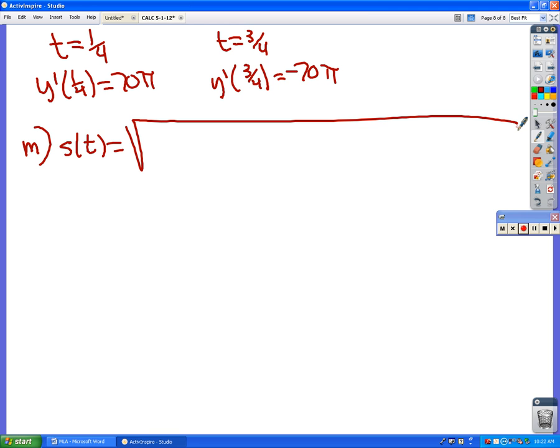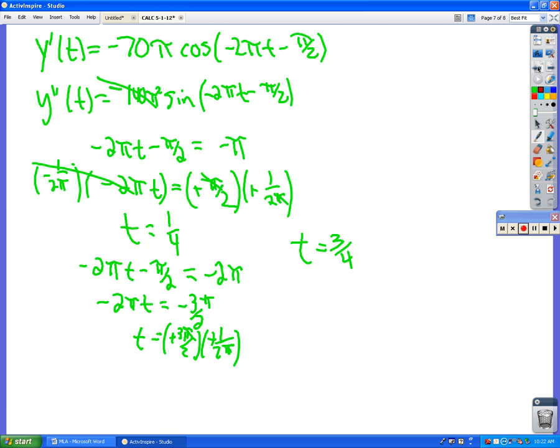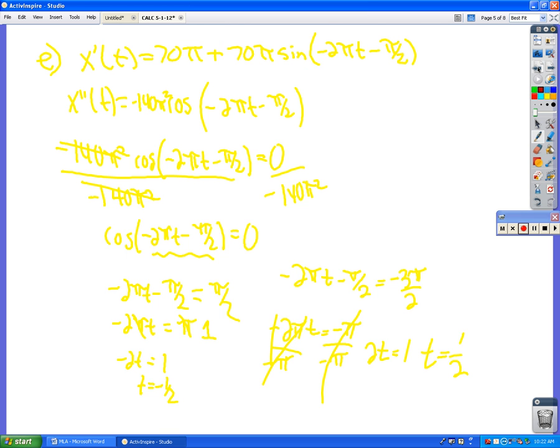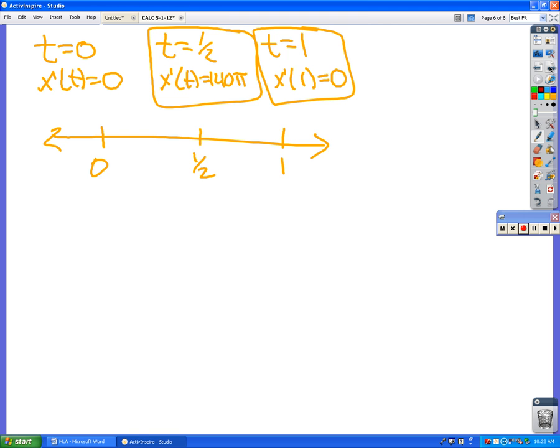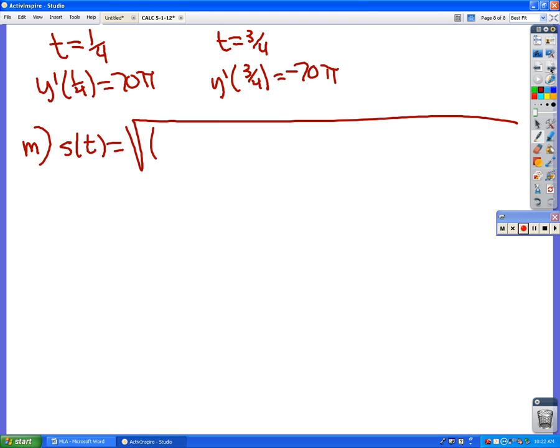Okay, so M says we have to figure out the speed by squaring them and square rooting them. I don't even know if we have the ability to do this. Why are we trying? Why don't we just give up on life?